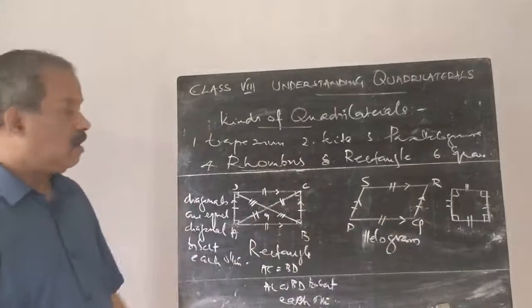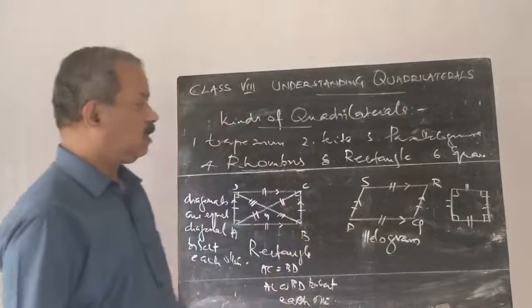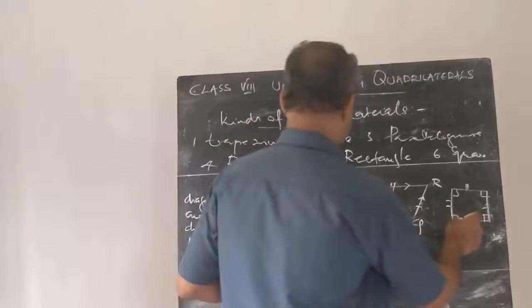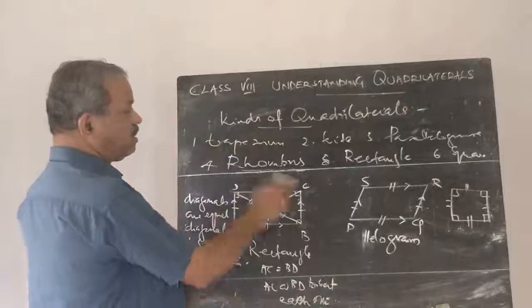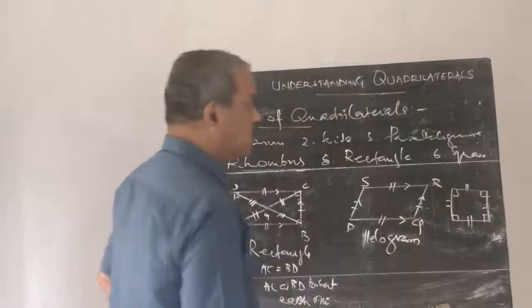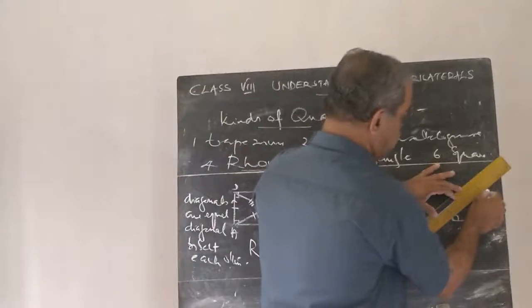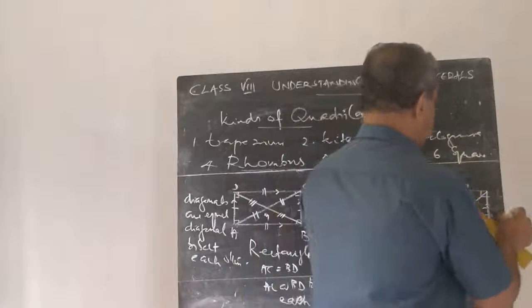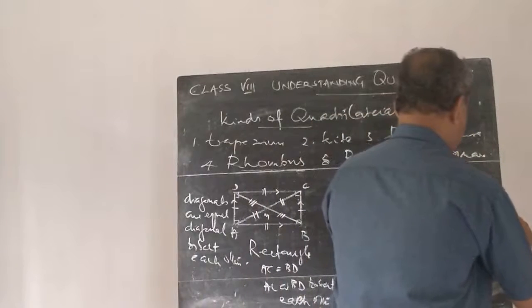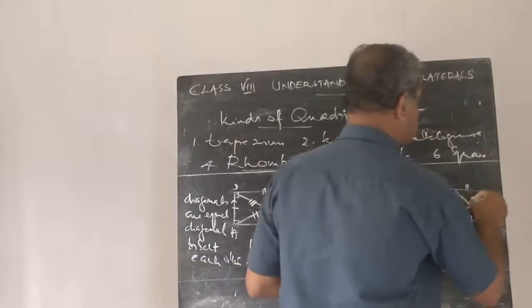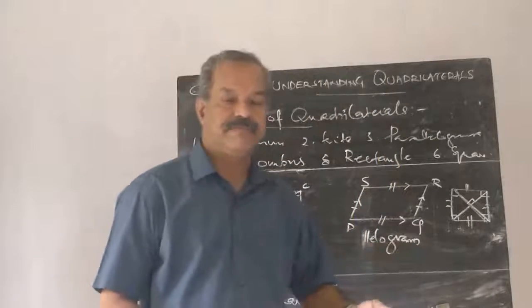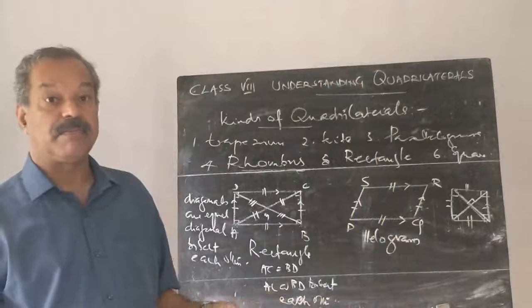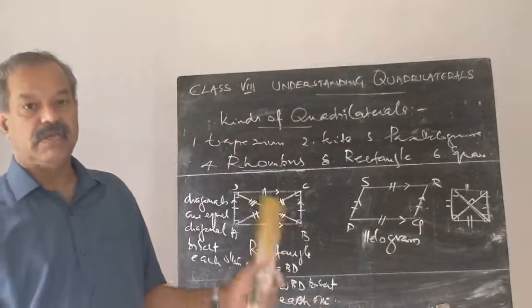In a rectangle the diagonals are equal and bisect each other. But in a square, the diagonals are equal as well as perpendicular bisectors of each other.